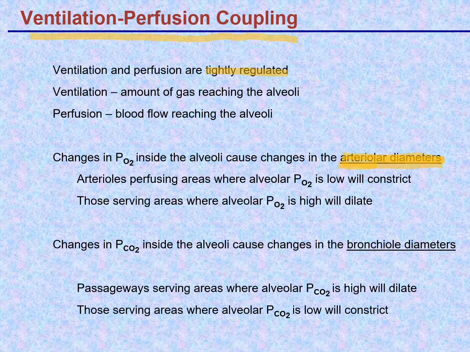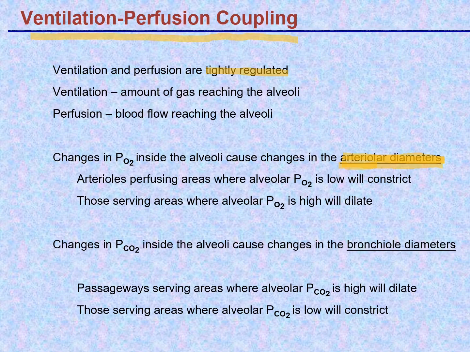And as you know, changes in diameter will cause changes in flow. If you have vasoconstriction and it gets narrower, then there's less flow, less perfusion of blood. If it relaxes and the diameter of the arteriole is wider, there will be more flow.